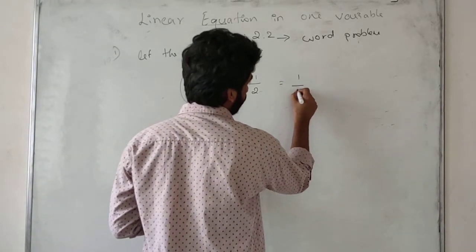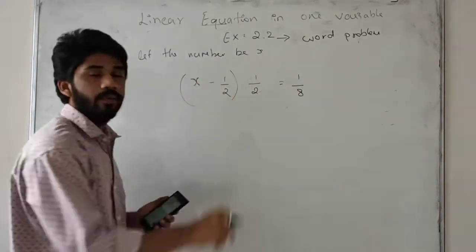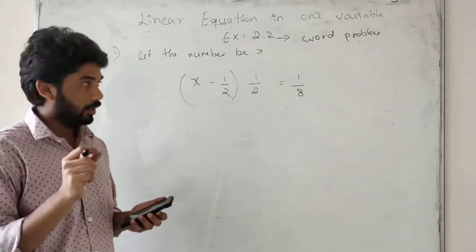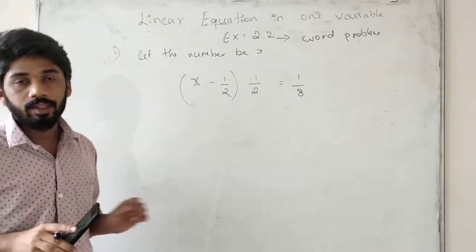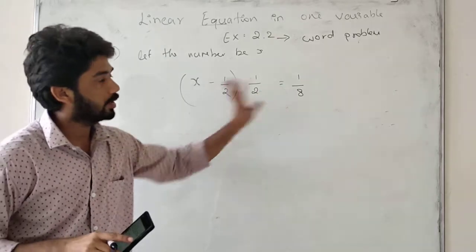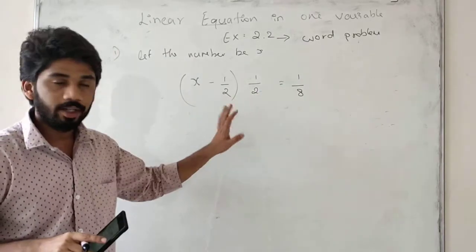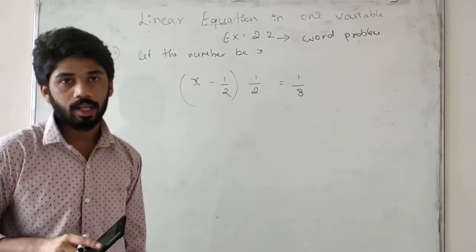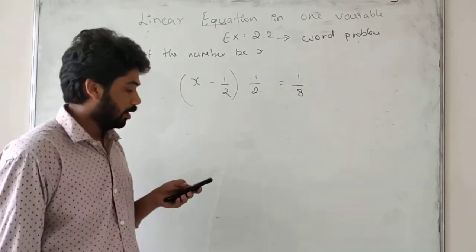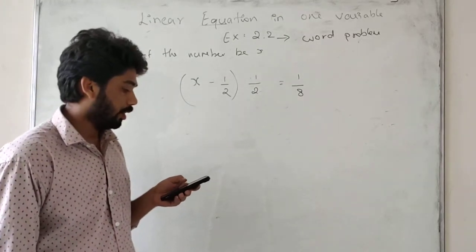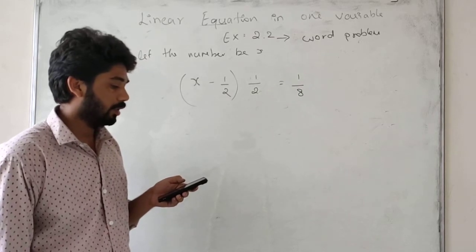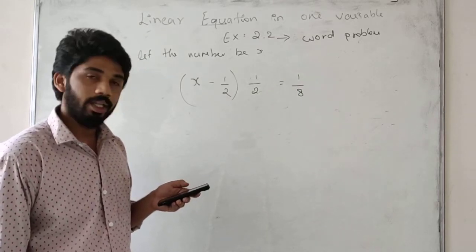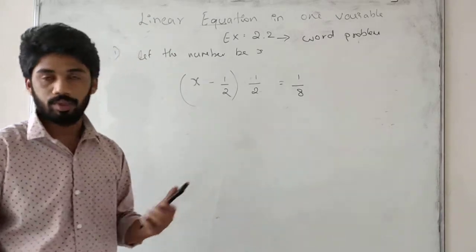What is the number? We have to find the number. In this exercise, we only have word problems, so try to understand the question and write the data as it is, so that you will get the answer. I will read one more time. If you subtract 1 by 2 from a number and multiply the result by 1 by 2, you get 1 by 8. What is the number? So this is the question.